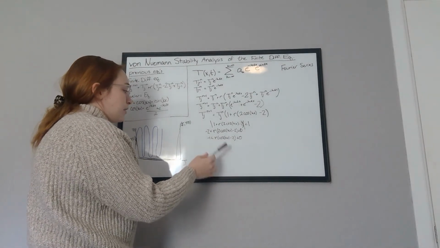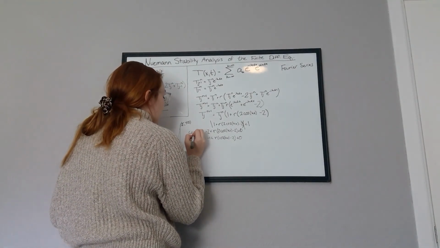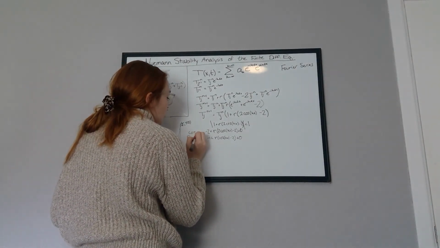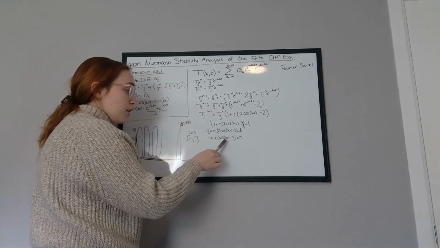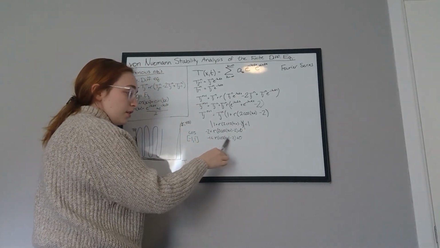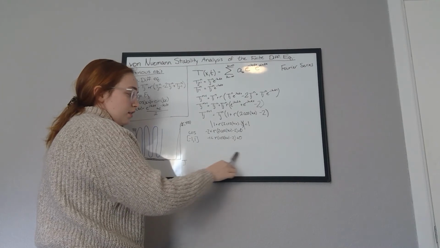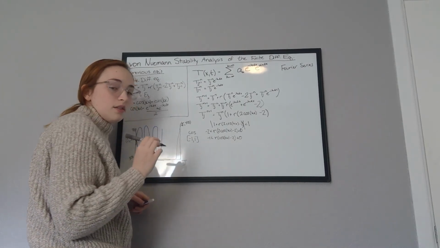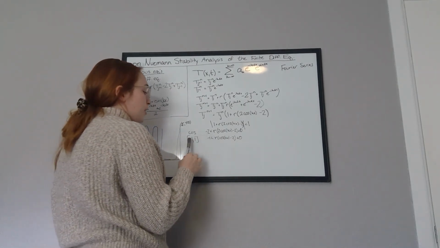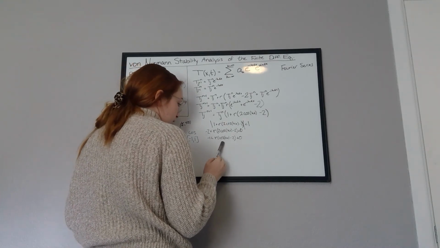And then we know that cosine has to be between negative 1 and 1. If you plug in 1, it's equal to 0, so our equation will be valid. But if you plug in negative 1, you get negative 2.